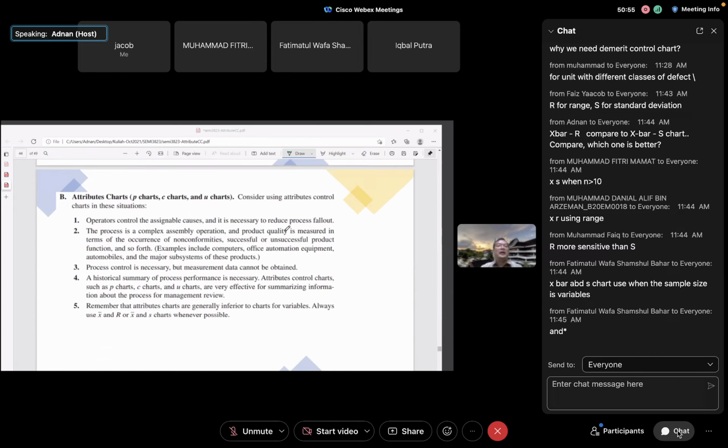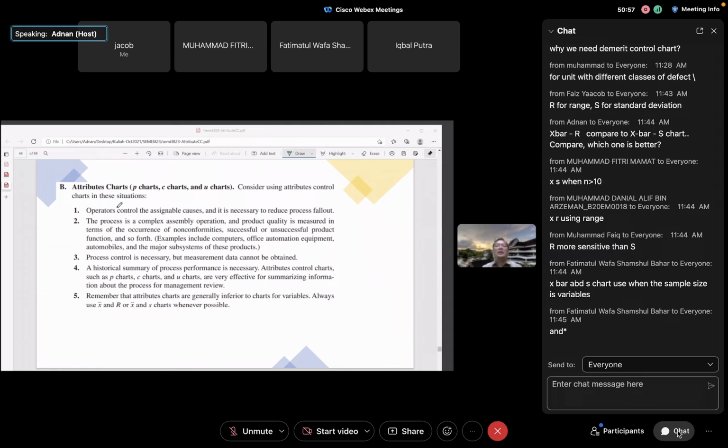In the case of attribute, these are the considerations. For an attribute control chart, the operator controls the assignable cause, and it is necessary to reduce process fallout. Meaning you don't use expensive equipment, just the operator doing it, maybe visual inspection. The process is a complex assembly operation and product quality is measured in terms of occurrence of non-conformities.